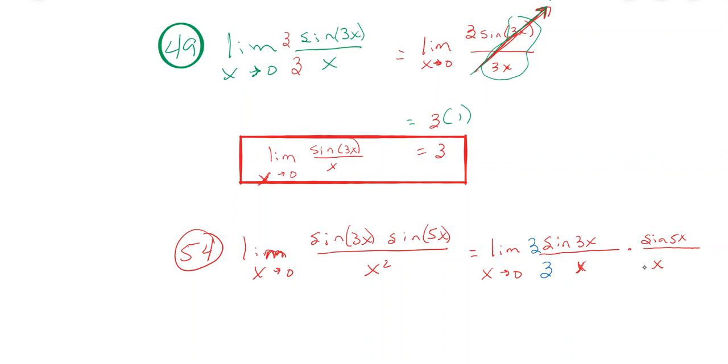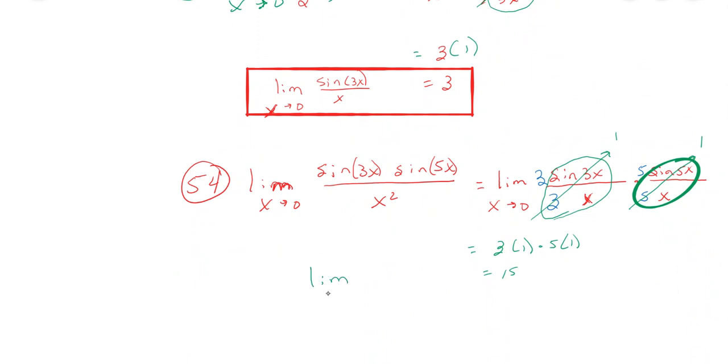And this one needs a 5, and I would multiply the top by that to be multiplied by a version of 1. So this is now the proper form. Sine of 3x over 3x as x goes to 0 is 1. Sine of 5x over 5x is 1. So this turns out to be 3 times 1 times 5 times 1, so the answer is 15.